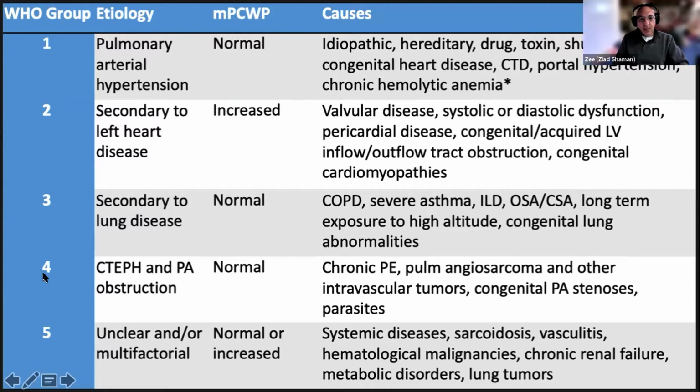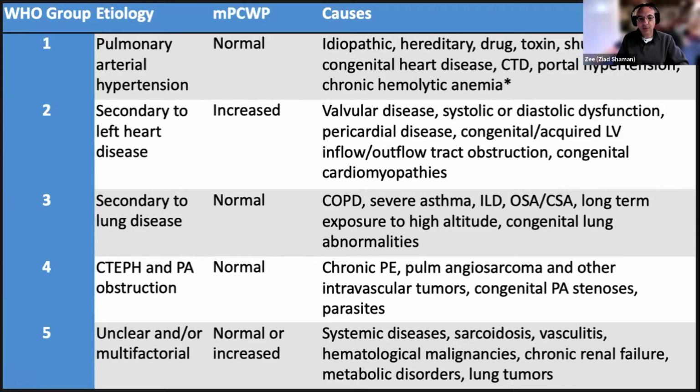And CTEPH, or pulmonary embolism related pulmonary hypertension and other PA obstruction, are in group 4. And group 5 is unclear or multifocal causes, such as systemic diseases, sarcoidosis, vasculitis, and renal diseases.